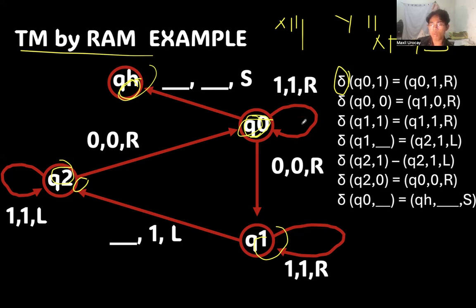So since 1 1 1 is what we've mentioned, we can loop 1. So this one here. We loop 1, and this will be the representation for that one.